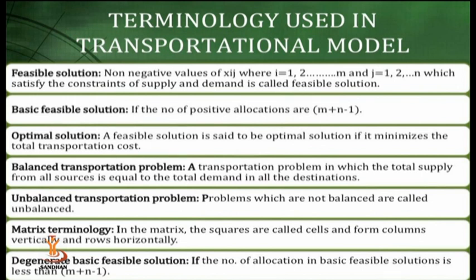We have two types of transportation problems, mainly balanced and unbalanced. A balanced transportation problem is one in which the total supply from all sources is equal to the total demand in all the destinations. In an unbalanced transportation problem, the supply and demand are not equal to each other.